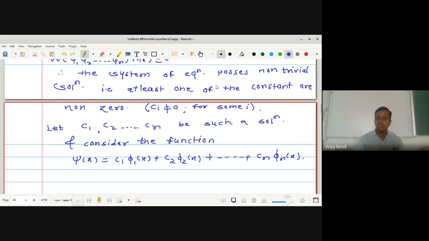Okay, taking the non trivial solution c1, c2, up to cn that came, I have defined a function. Okay, psi of x is equal to c1 phi 1 plus c2 phi 2 up to cn phi n.